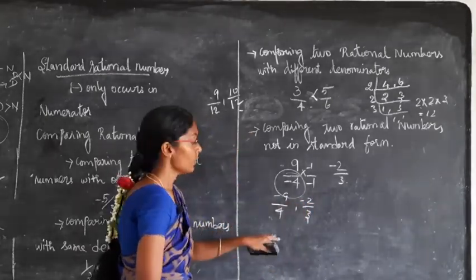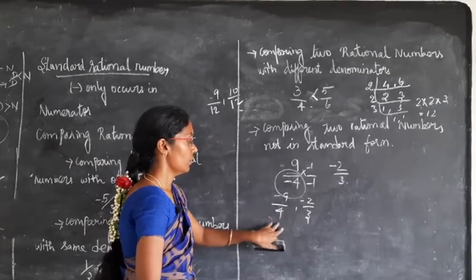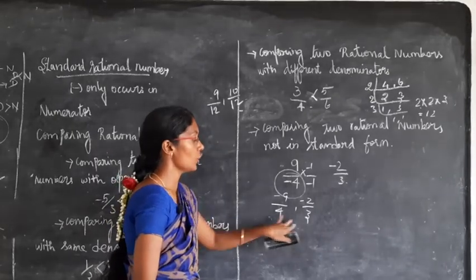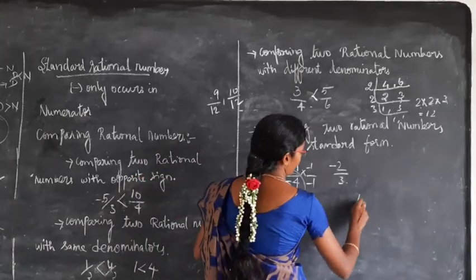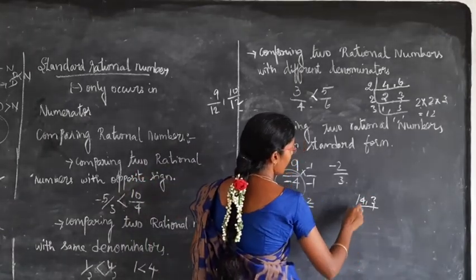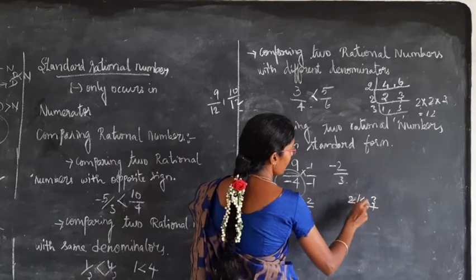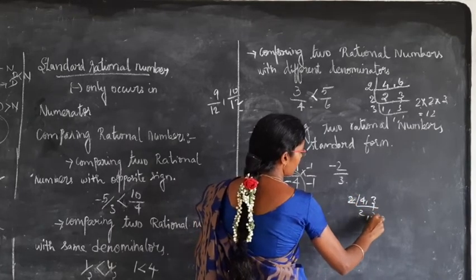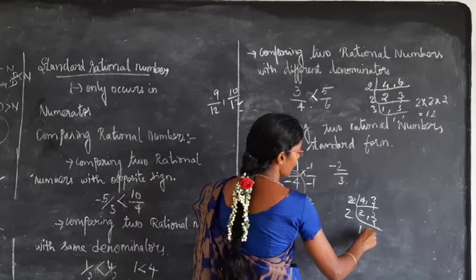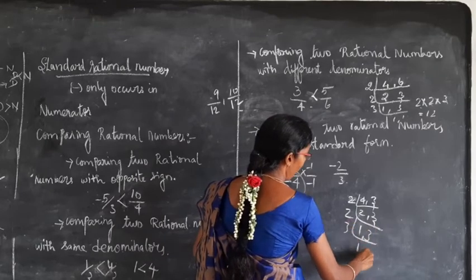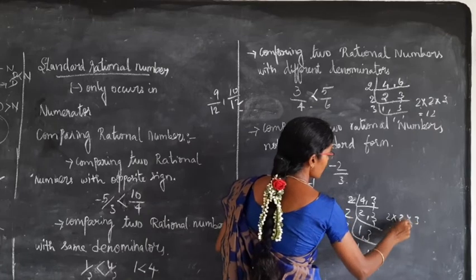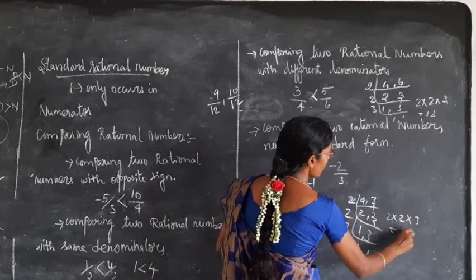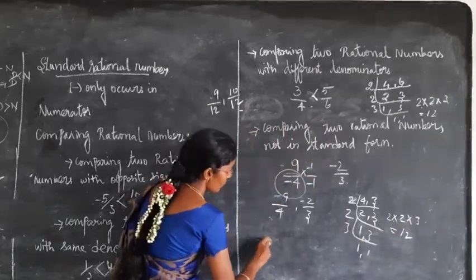For the next one, you have to see the denominators. The denominators differ, so you have to take the LCM. 4 and 3: 4, 2 2s are 4, 3, 2 1s are 2, 3; so 3, 1, 1. So 2 into 2 into 3, 4 3s are 12. The same 12.